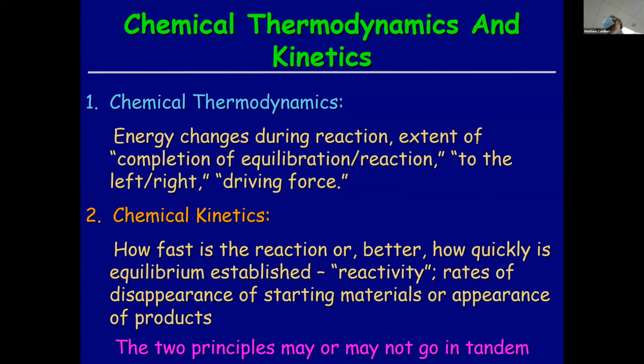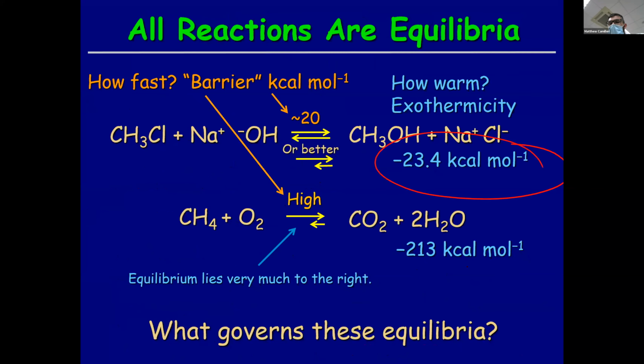And normally, this will be controlled with how easy it is to make the product. Now, an equilibrium is always established, even in reactions that do not look like having an equilibrium. It just lies firmly to one side. In this case, it just lies firmly to the right.